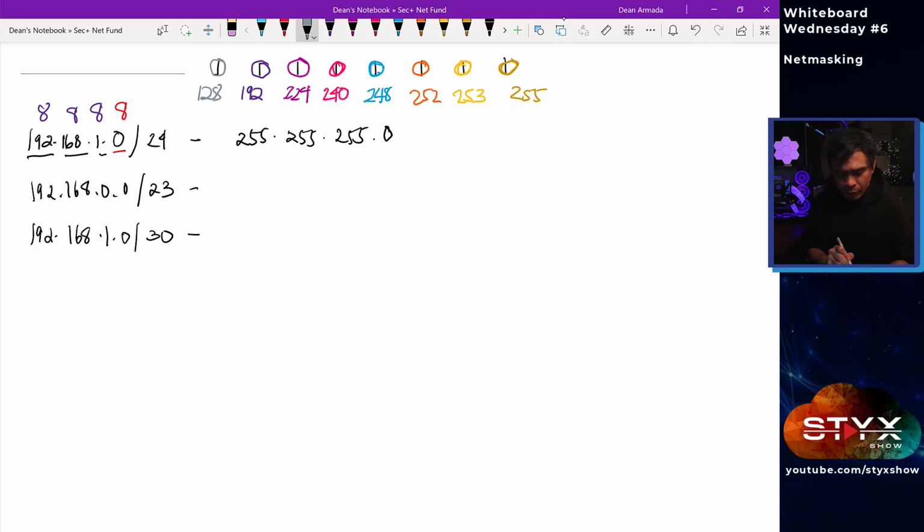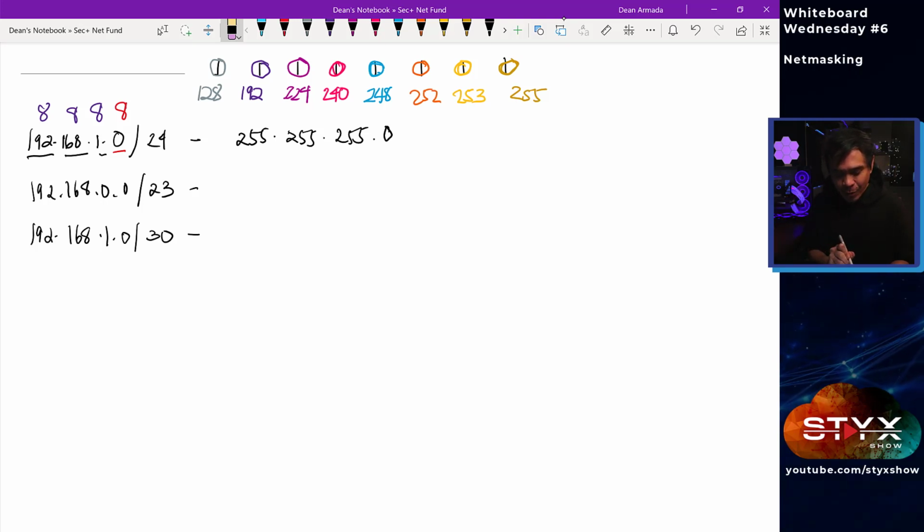If we're going to compare the second and the third network, where we are using /23 and /30, it's not as simple as the first network, because in our first network, 3 octets are all ones and the fourth octet is all zeros. So we only have two values, 255 and 0.